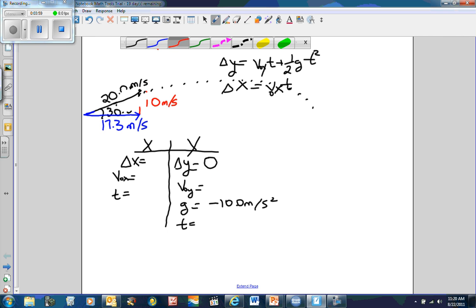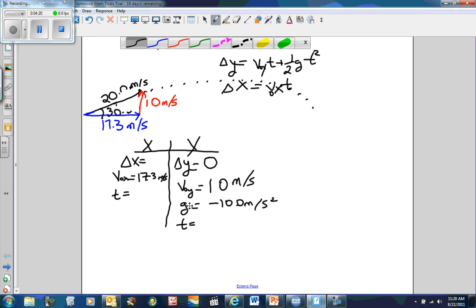It was the 10. We did 20 times sine of 30. So we're going to write down 10 meters per second. And our initial x velocity was 17.3 meters per second.